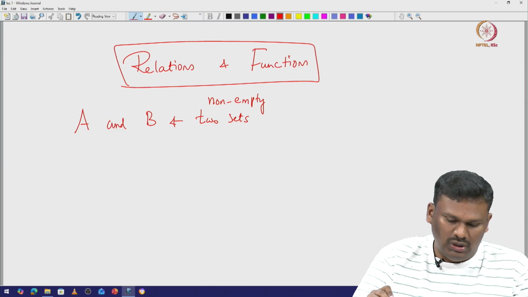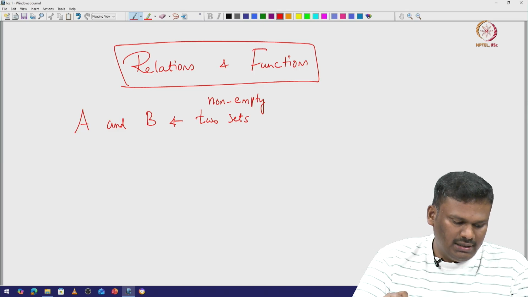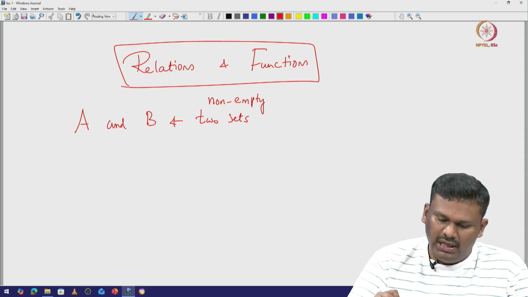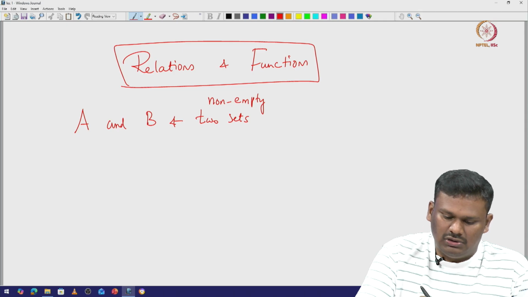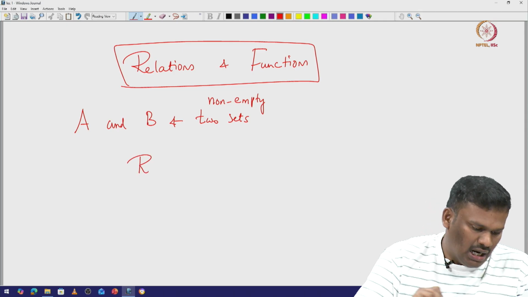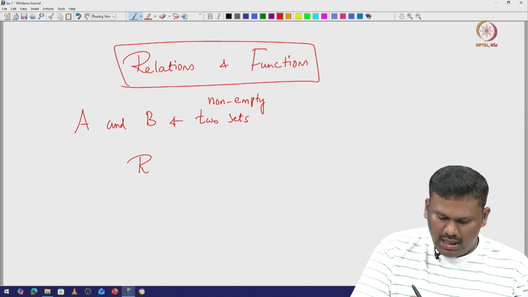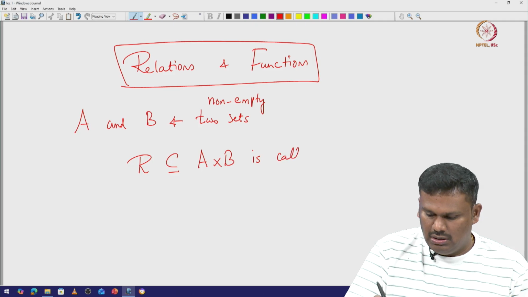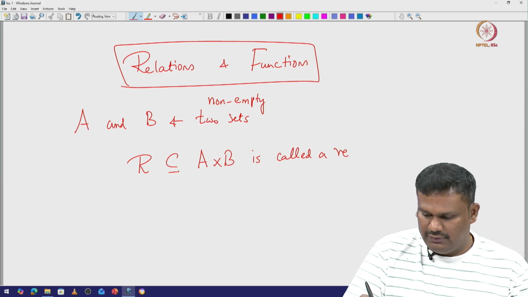Okay, you start with two non-empty sets, and then broadly speaking, a relation from A to B is just a subset of A cross B. So, we usually denote it by R, okay, and a subset of A cross B is called a relation.